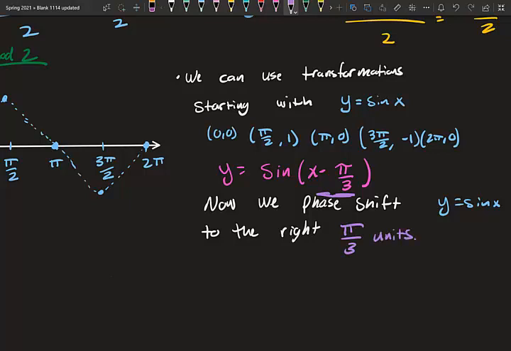So now we phase shift y equals sine x to the right by pi over 3 units. Remember, it's always the opposite. So if it's negative, it's right. If it's positive, we move left. So we need to get the other x values. What we do is add pi over 3 to all the x values we already have.